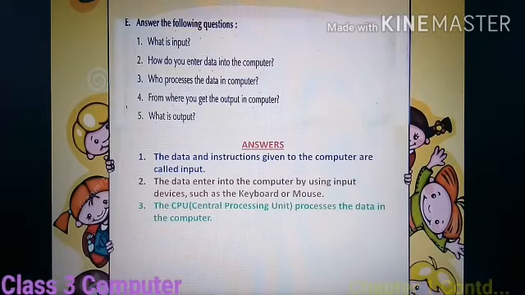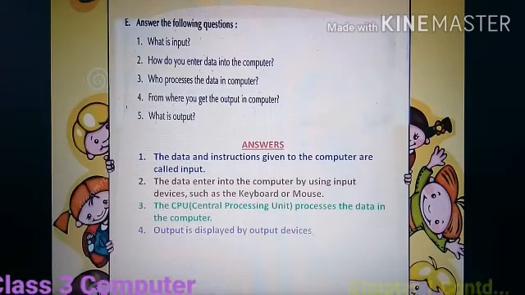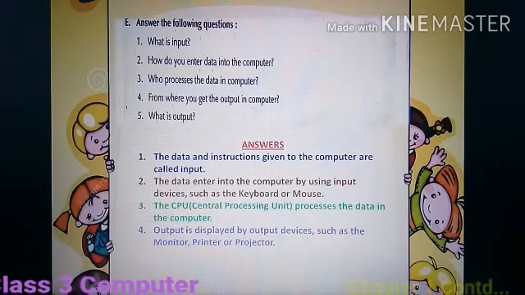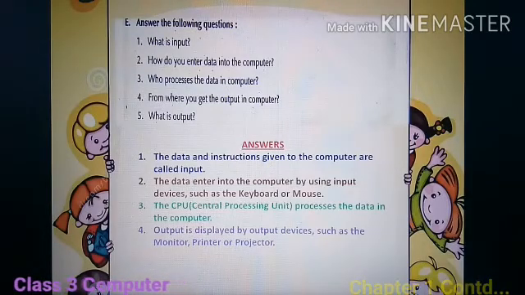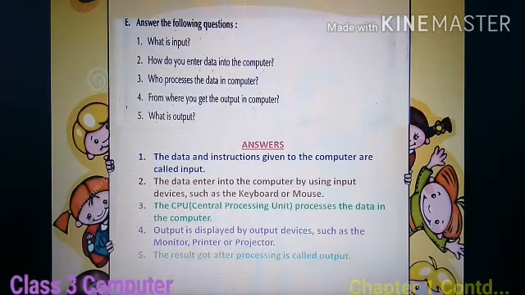Yes, the output is displayed by the output devices, such as the monitor, printer or projector. And the last question is, what is output? Output is the result after processing. So, the answer is the result got after processing is called output.